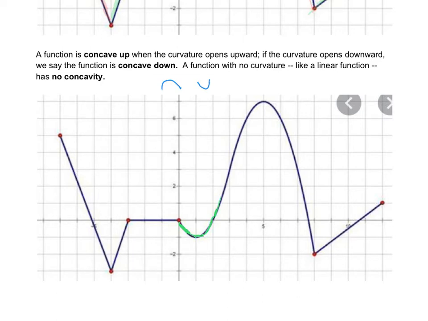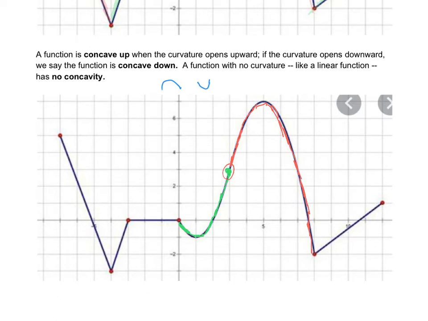And then somewhere in here, it's sometimes hard to tell where exactly it happens, it changes, where now it's opening downward. And concavity can sometimes be a little bit tough to see. So in those cases, you have to be willing to not be exact, but be in the neighborhood where it changes. Like I think it changes right around 3, but you could argue maybe it changed at 2.4 or 3.4, just depending upon your eyes.